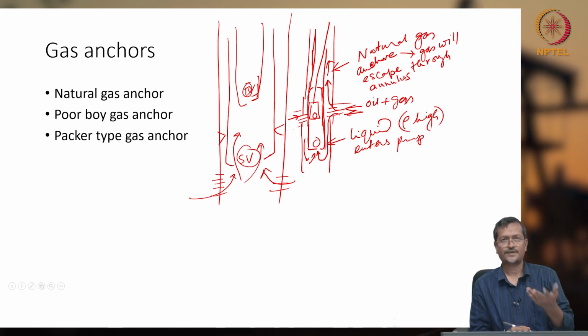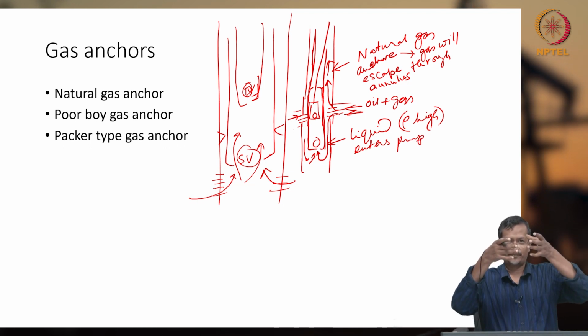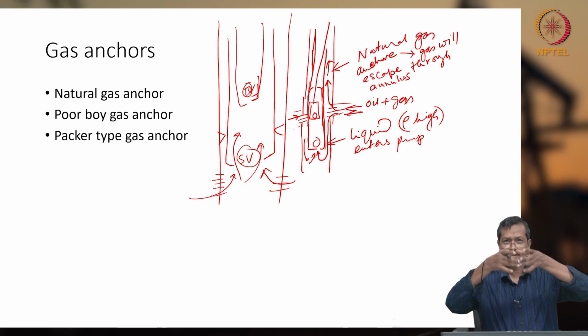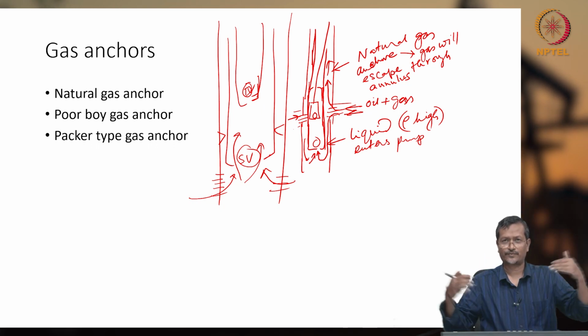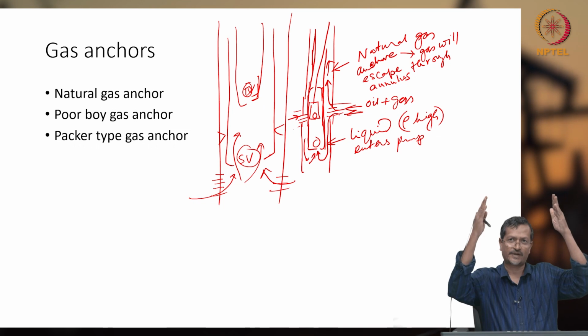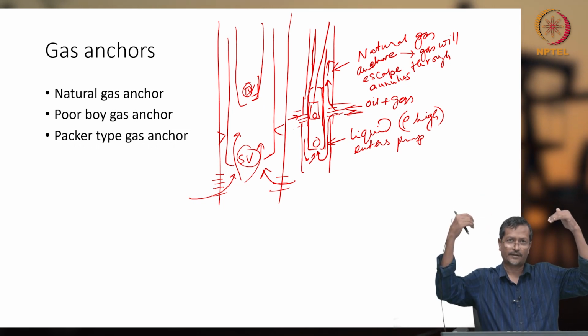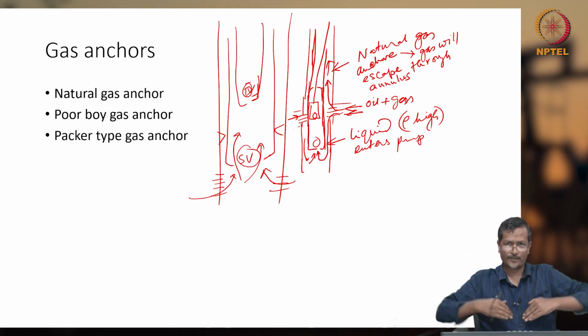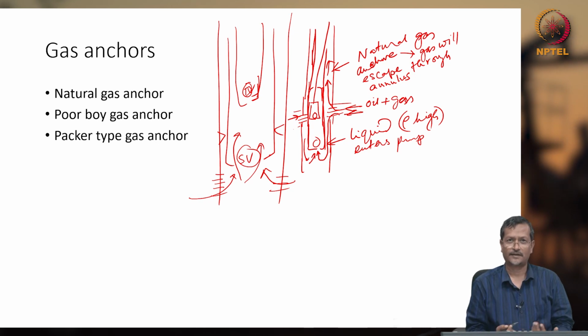So naturally you are separating, just by putting the pump intake below the perforation. Oil and gas entering, gas will be going up because it is lightweight, and heavy, high density fluid will be coming down and entering your pump, and in that way you are separating gas. So it is very simple.